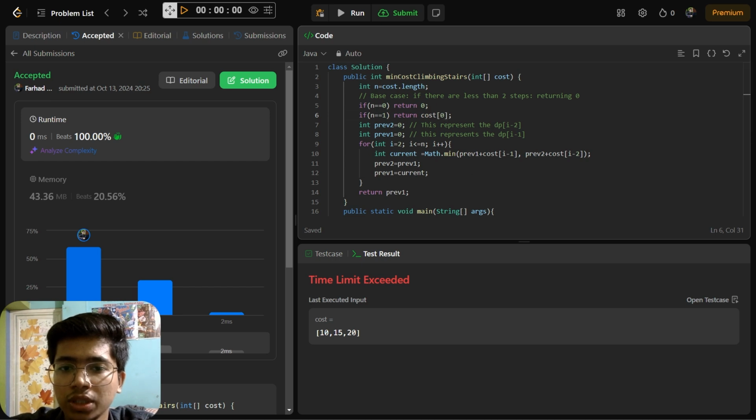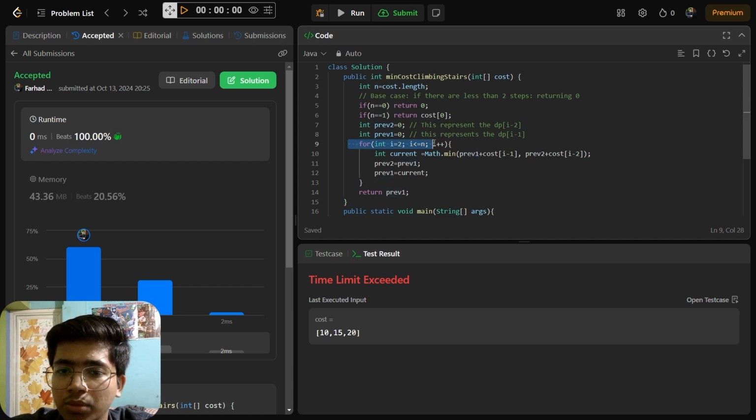Then we initialize variables to store the minimum cost of the last two steps. So integer previous 2 represents the cost up to i minus 2, and integer previous 1 represents the cost up to i minus 1.